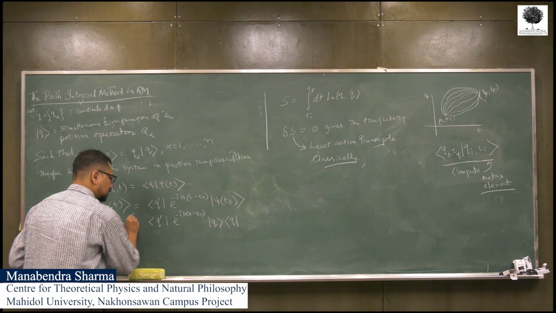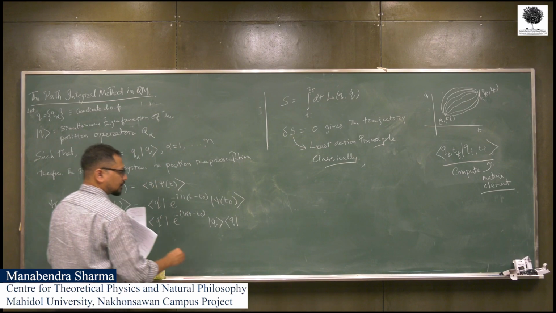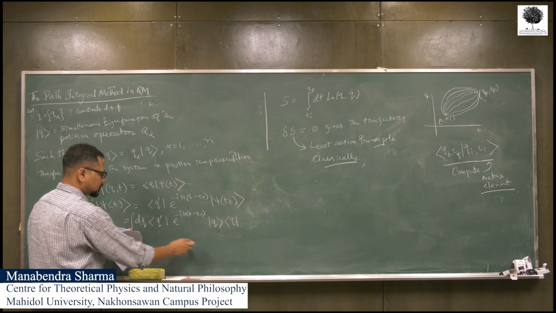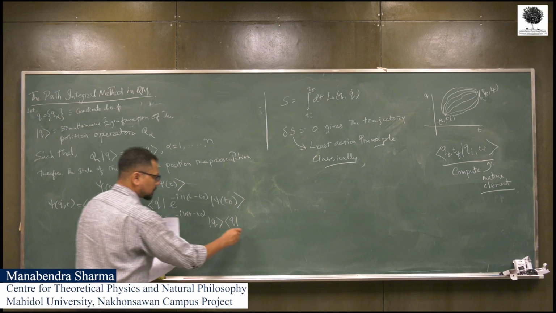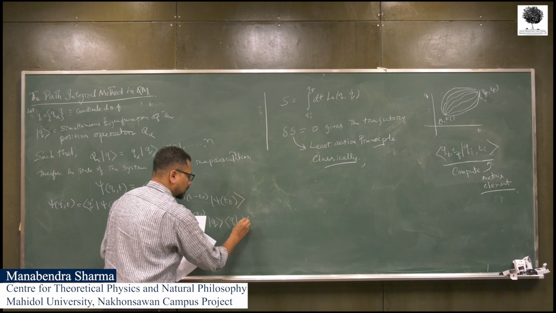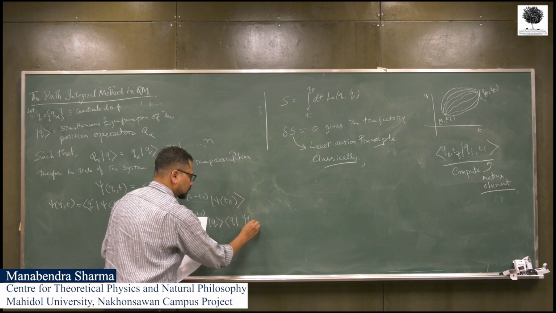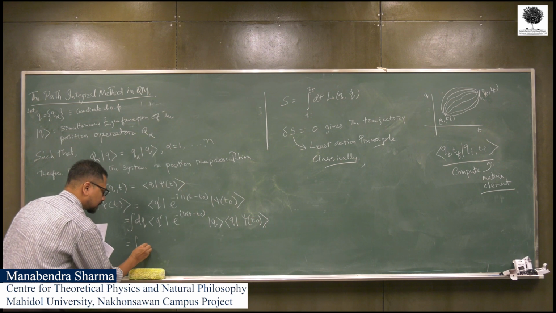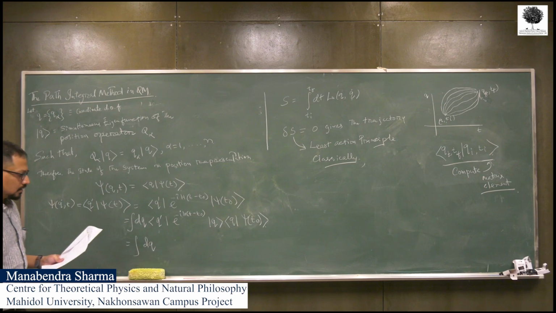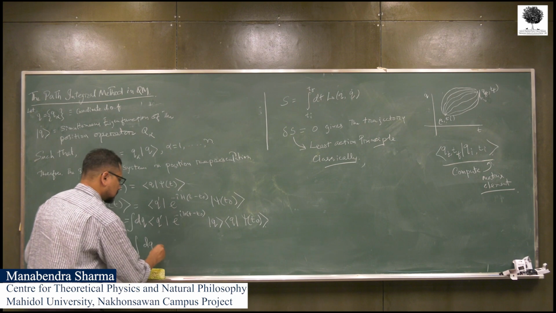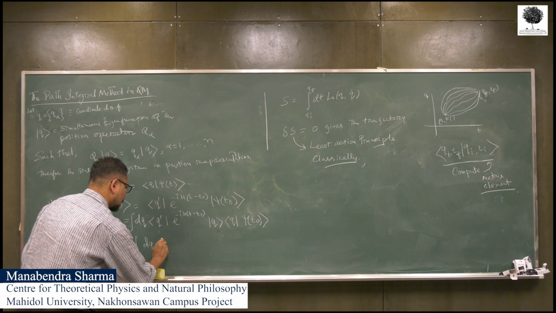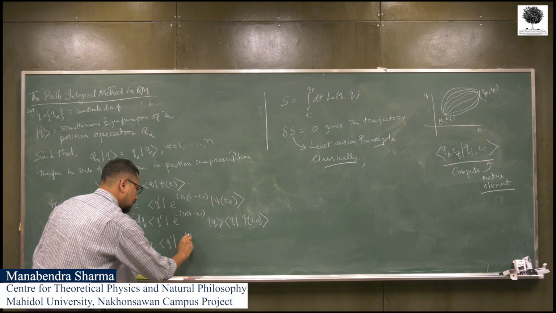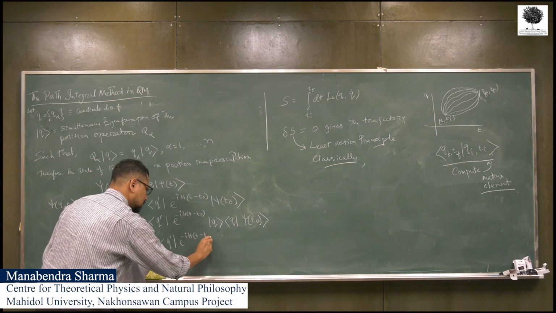I can always write it like this, where this product, when I integrate it over, will give me the identity operator here. So that doesn't make any difference. So that is equal to t naught. So what we have here is the integral dq, bra q prime, e to the power minus i H (t minus t naught).